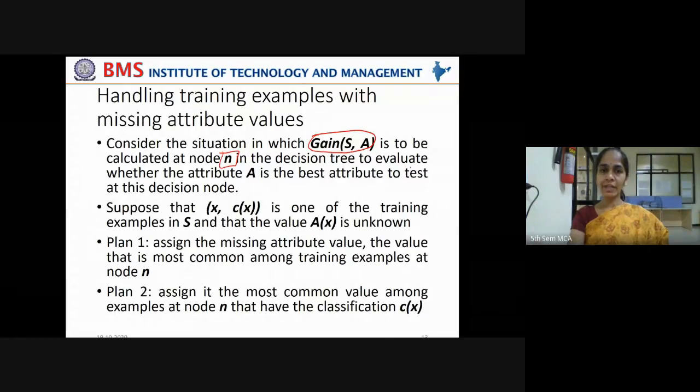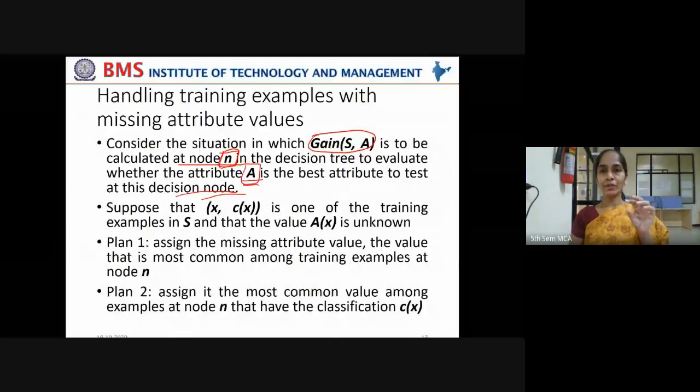In the decision tree, to evaluate whether the attribute A, that is humidity, is the best attribute to test at this decision node. Node N is the nth node, say first node or second node or third node, like that.